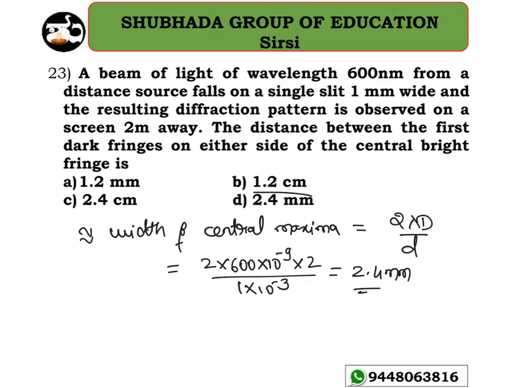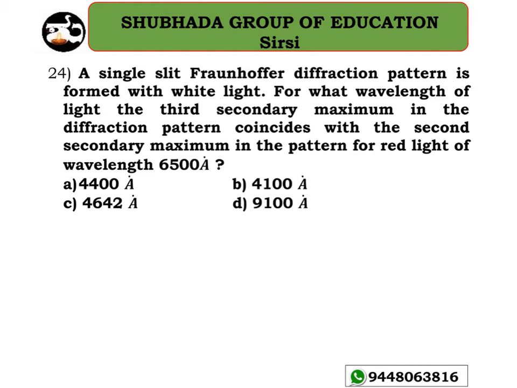So 2.4 millimeter is the right answer for this question. Please try to understand the concept behind this particular problem. They are expecting the distance between the first dark fringes on either side of the central maximum, that should be the width of the central maxima, that is 2 times lambda D divided by d.